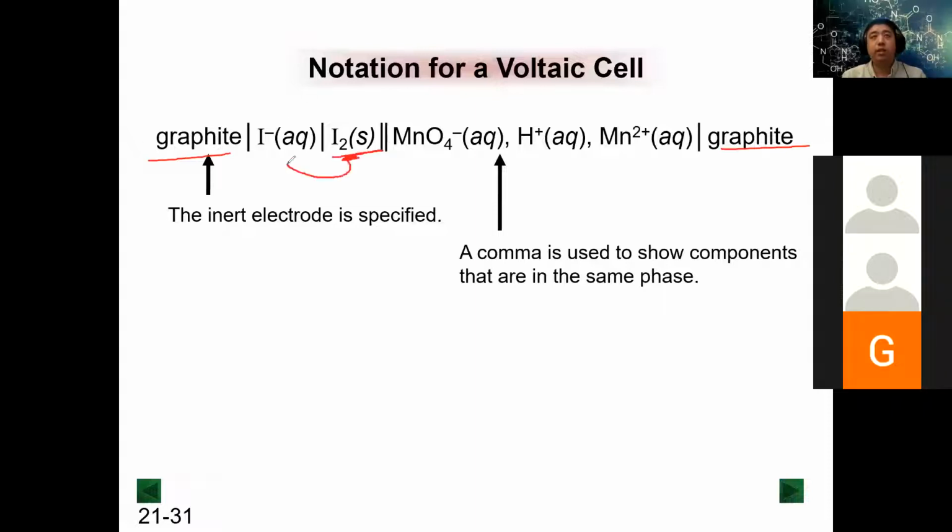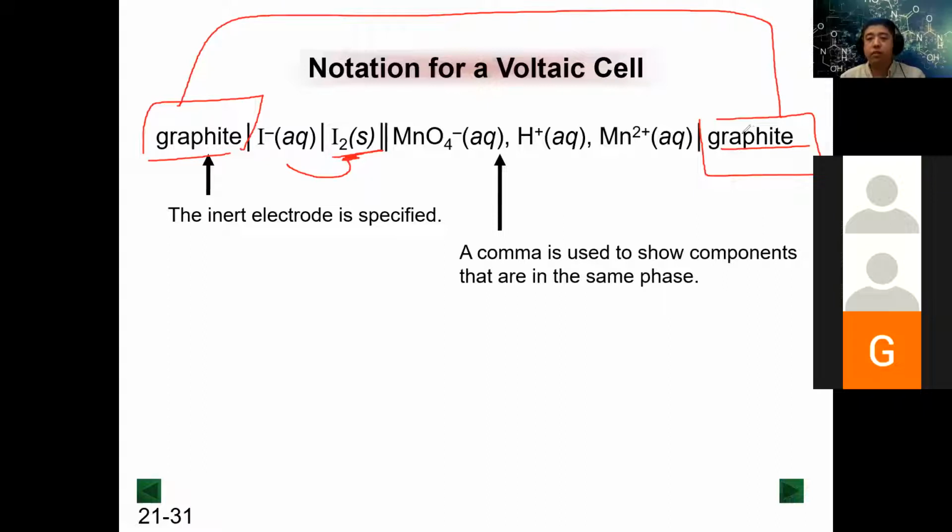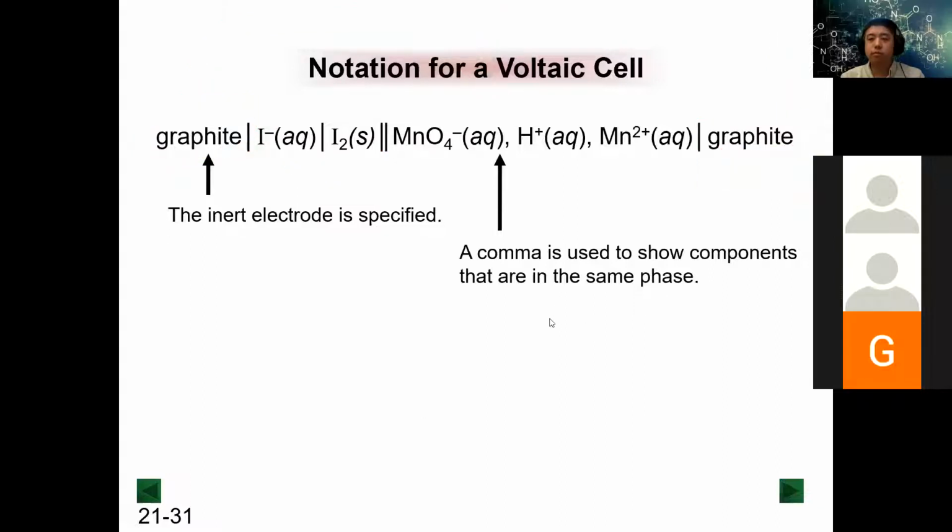This I2 is breaking down into that. This is just serving as the thing that you use to transfer the electrons. Okay, does that answer your question? I'll take that as a yes then.